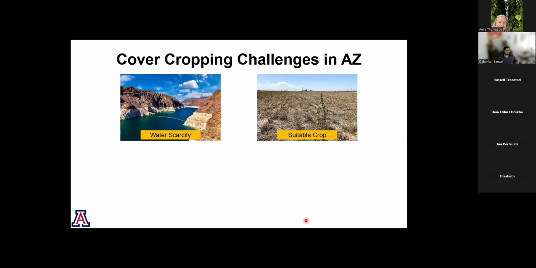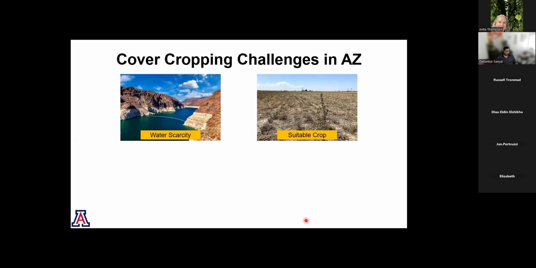Okay, anyways, we don't have enough suitable crops that can grow in an arid region because of the salt, and because of the stress from the heat and the sun, especially in the summer. If you grow some winter vegetables or winter cash crop, you need a cover crop in the summer when it's very hard to grow anything.